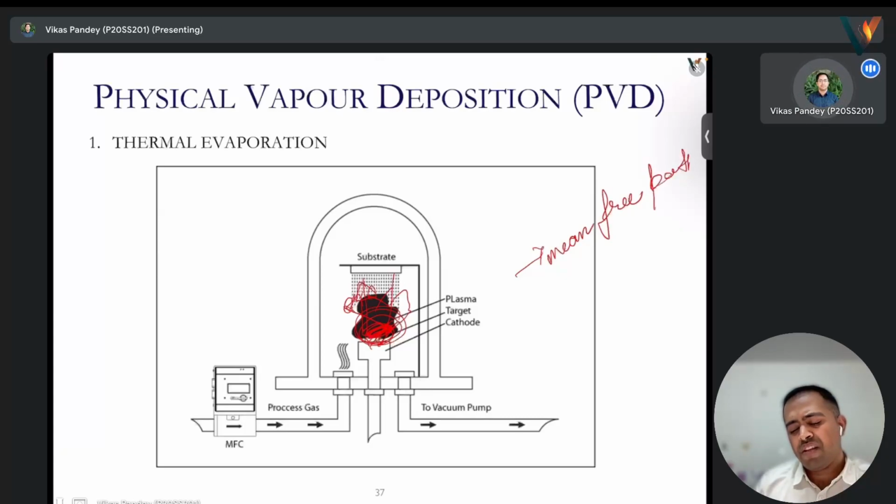So in short, to have good deposition with fewer collisions between these molecules, we make a very good vacuum. We try to remove even the air particles before the deposition starts.